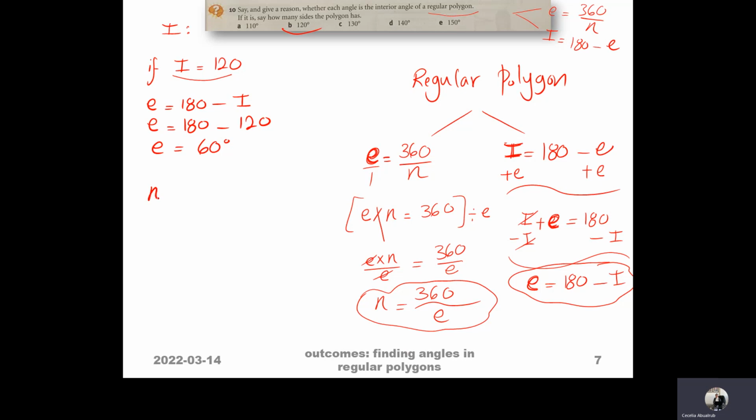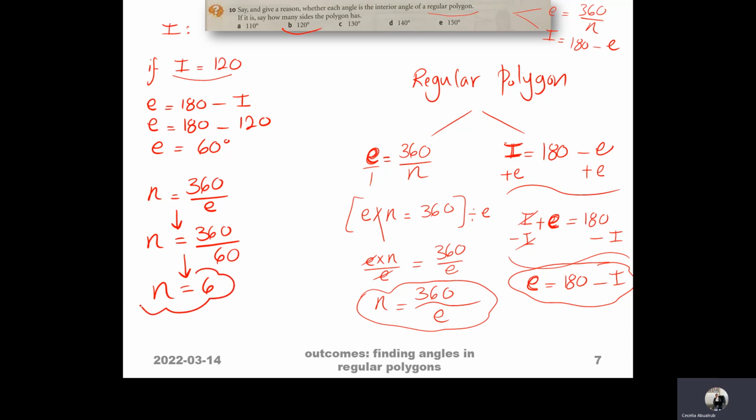And let's find the number of sides of this polygon in order to test if it is a regular polygon or not. So it will be 360 over E. Let's substitute E in this formula. So it will be 360 divided by 60, and the number of sides will come down to 6.